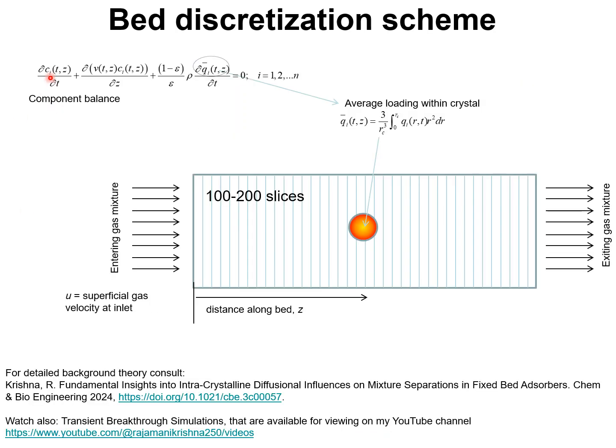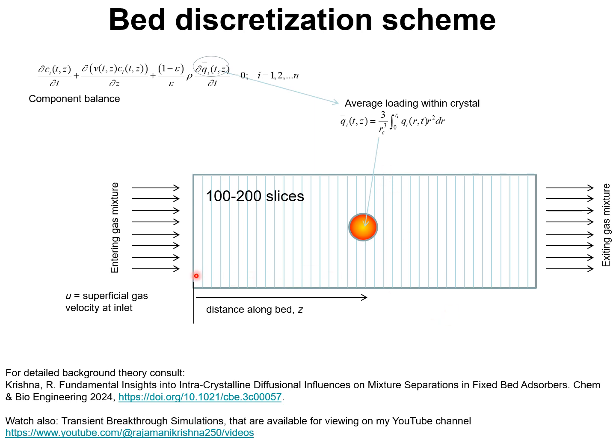The molar concentration Ci of each component in the gaseous mixture at time t in position Z is described by this partial differential equation. The term here, Q bar, is the average loading within the crystal determined by integrating over the volume of the crystal.